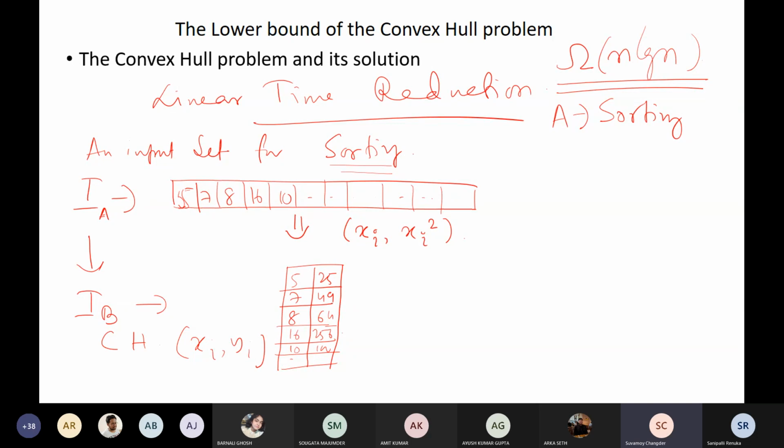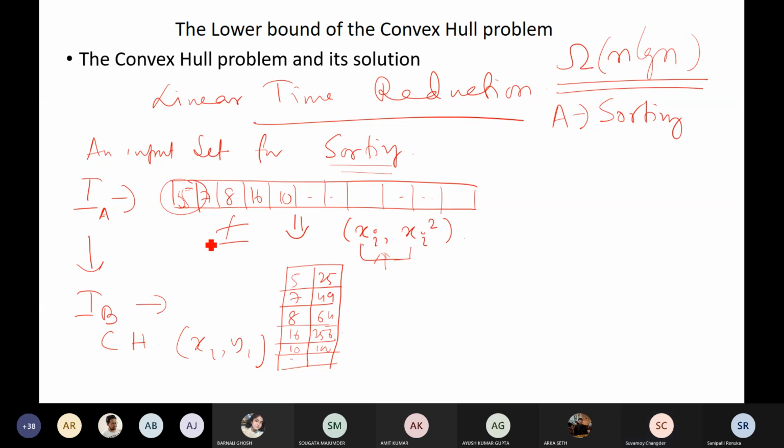Okay. So we can apply a function which will convert a value, an integer, to its corresponding x and y value. Right? So it can be converted to the input set of a convex hull problem, which is some points on the coordinate geometry.